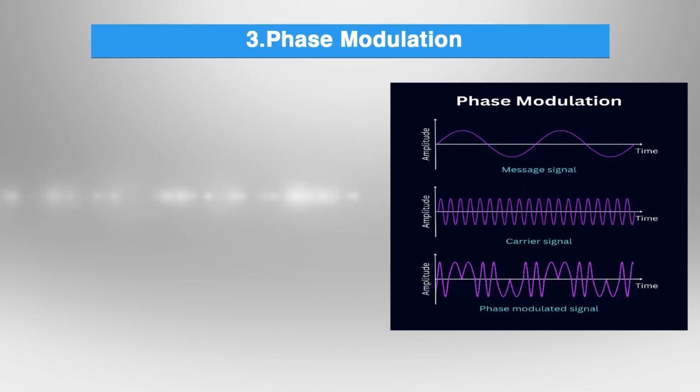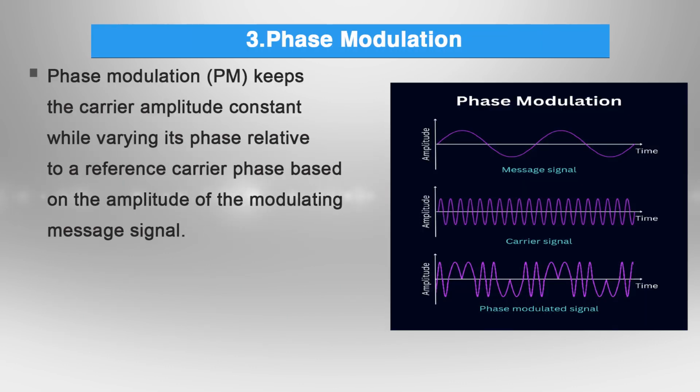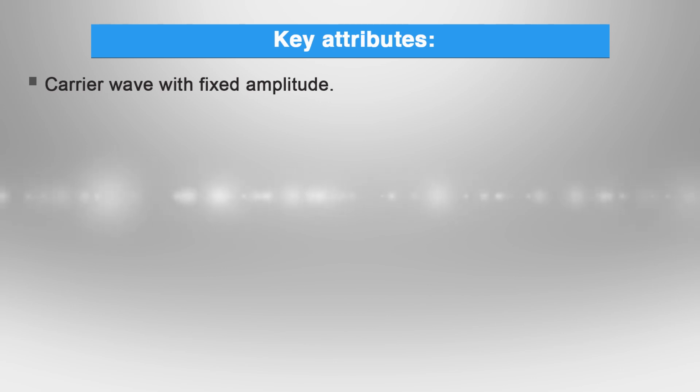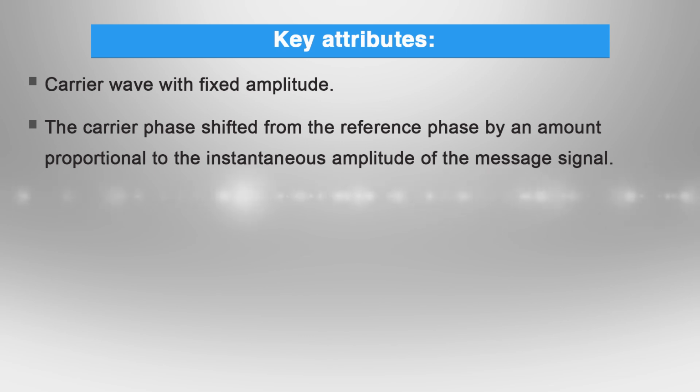Third one is phase modulation. Phase modulation keeps the carrier amplitude constant while varying its phase relative to a reference carrier phase based on the amplitude of the modulating message signal. Some key attributes are: it has a carrier wave with fixed amplitude. The carrier phase is shifted from the reference phase by an amount proportional to the instantaneous amplitude of the message signal.